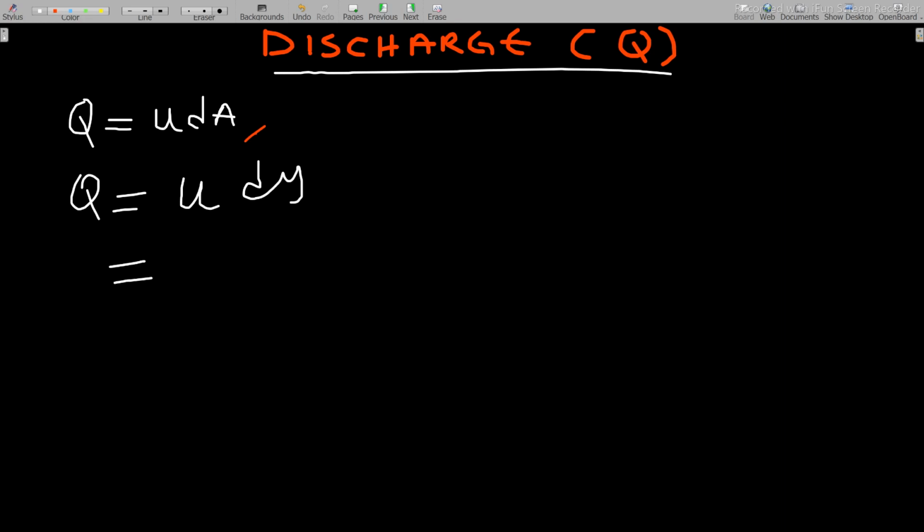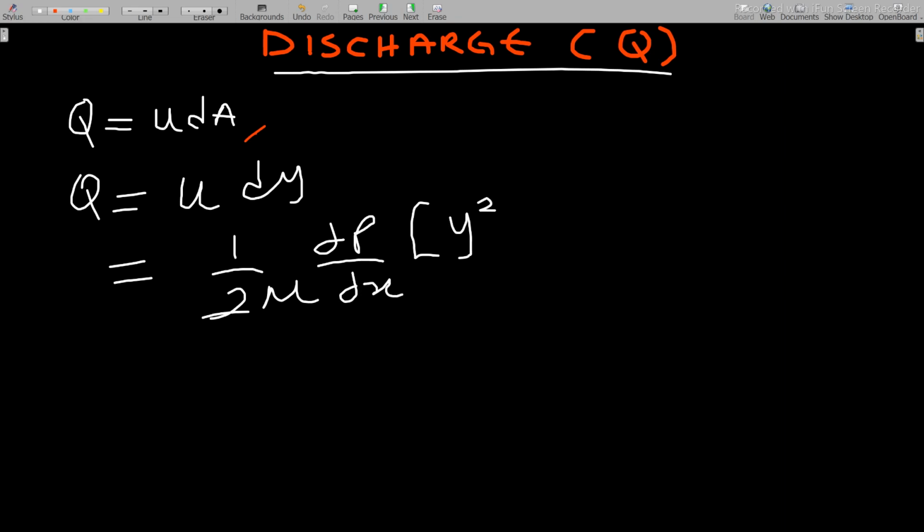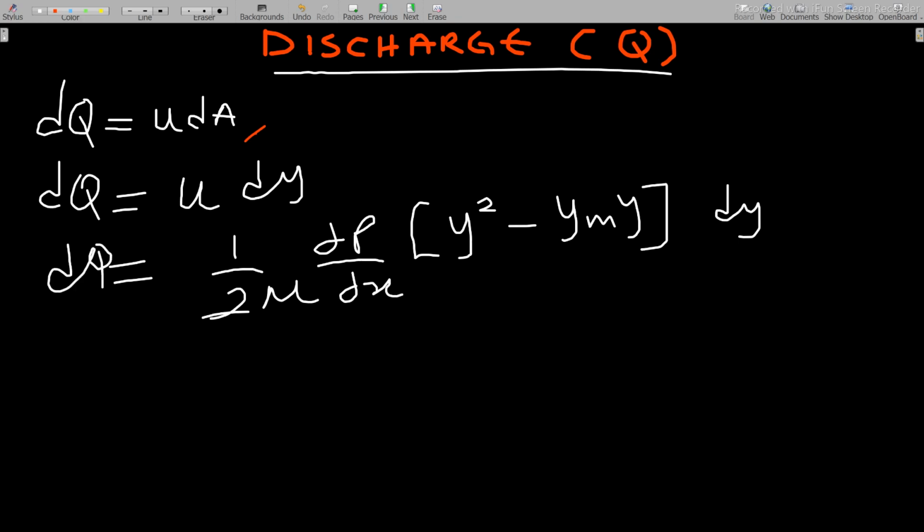But our u is 1 over 2 mu del p del x, then y squared minus ym y, then dy. If I'm to be honest, the actual formula is supposed to be dKO, so that you know that dKO is that. Then our K will be the integral of the whole of this.